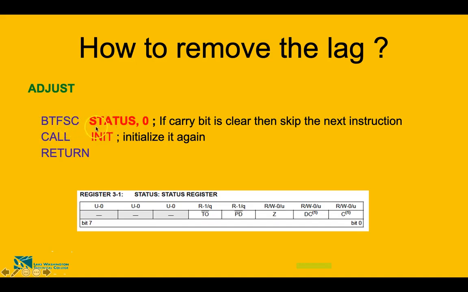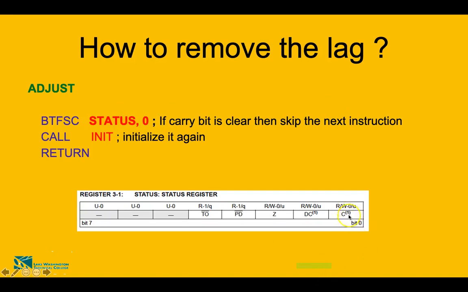So it is checking the status bit, and what is that 0? 0 indicates your bit, right? If you remember this particular instruction, this indicates your file register, and then this indicates which bit you want to work on. So we are working on the 0 bit, and let's see what's there in the 0 bit.